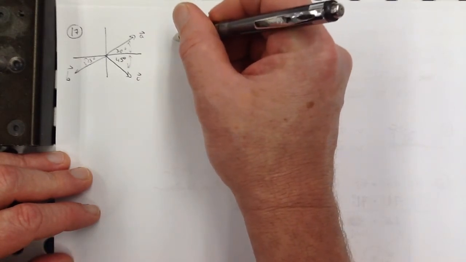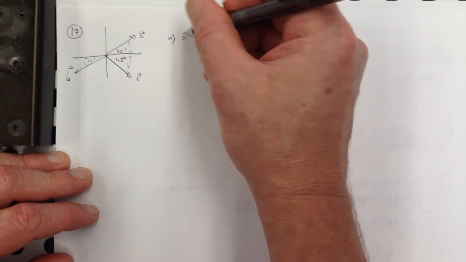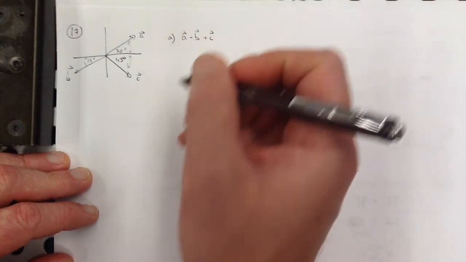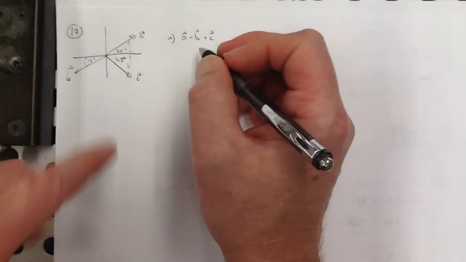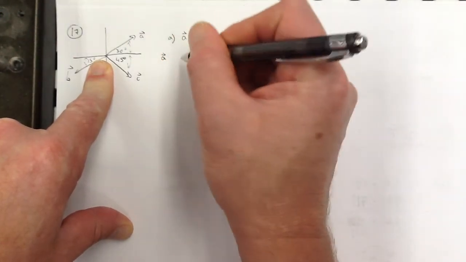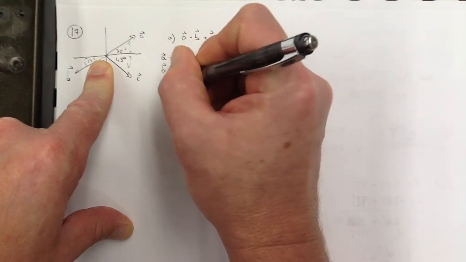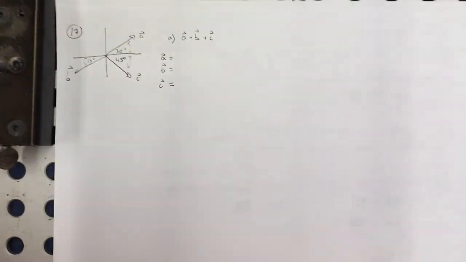So for part A, not to be confused with vector A, we want to do A plus B plus C, and I think parts A and B are the magnitude and direction of that. So let's find the components of all three, and I guess we can use these for all the parts. A, B, and C. They all have a magnitude of 50, right?